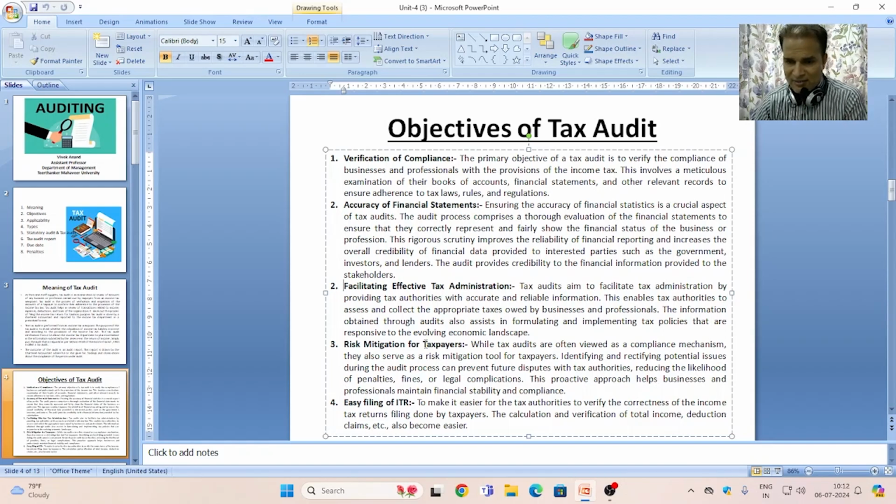Next is risk mitigation for taxpayers. While tax audits are often viewed as a compliance mechanism, they also serve as a risk mitigation tool for taxpayers.